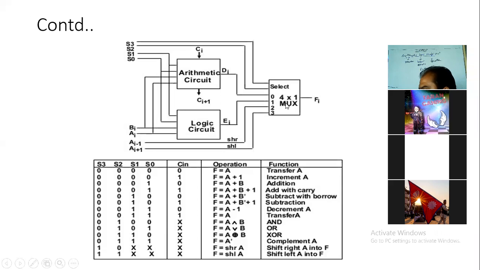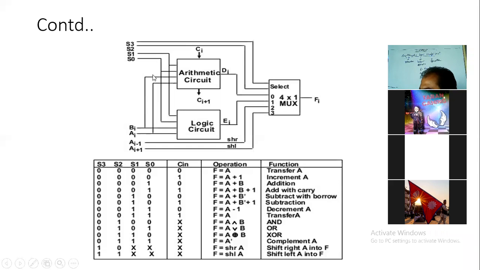A multiplexer takes n inputs and gives one output. This means it will take 4 inputs: one from DI, second from EI, third and fourth from the shift operations. It takes 4 inputs and produces one output. Clear, students?